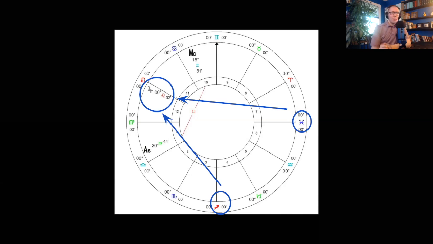So, for example, in this reading, the prediction that I made, and it's not necessarily a concrete prediction that we're trying to make as much as it is an archetypal prediction that hits close to the mark. So there's a predictive element to it, but we offer a range of possibilities in a reading where we say, oh, look, it looks like the 4th house, which is a place of father, home, parents, and family, and the 7th place of love and marriage, both have something to do with Jupiter in the 12th house.